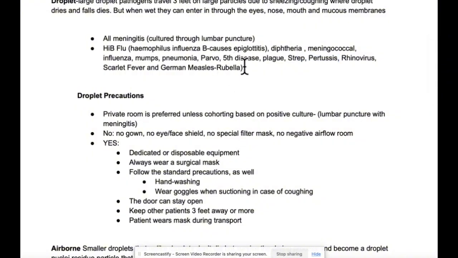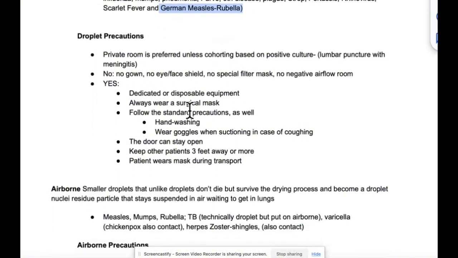Focus on the ones that we really struggle with in terms of getting patients to immunize for, or ones that are more deadly, cause more problems with airway, or are just in general much more problematic or life threatening than others. Okay. Ones with high fevers, ones with airway issues. You definitely want to know those.